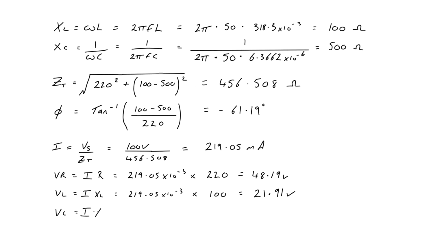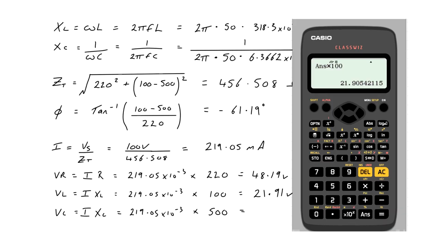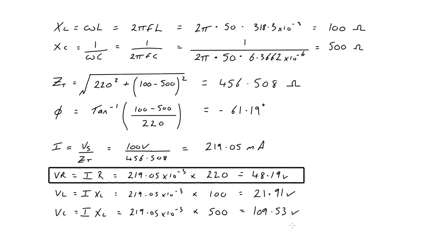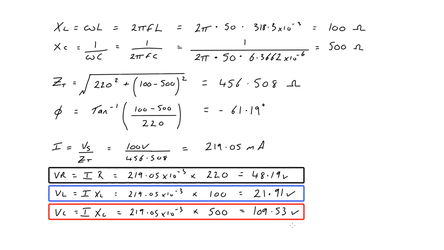And the voltage across the capacitor is the current times the capacitive reactance, 219 milliamps times 500 ohms. That's 109.53 volts, and the capacitor voltage lags behind the series current.